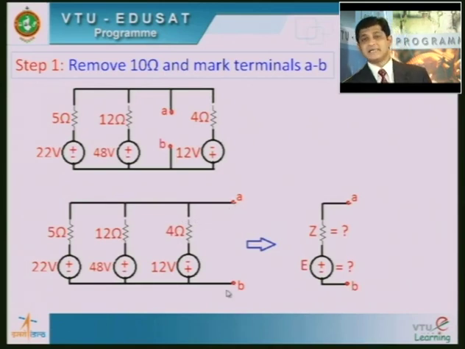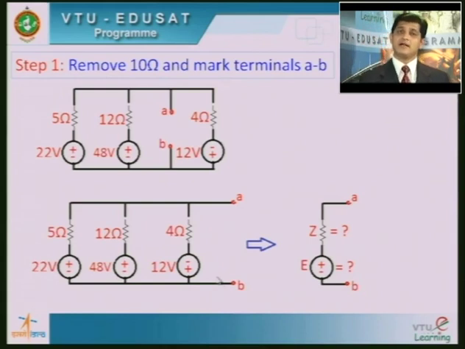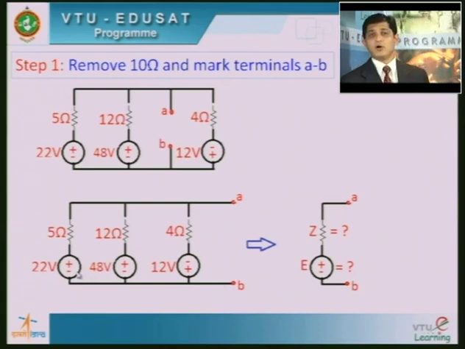Now, what is Millman's theorem? If you have branches which consist of voltages and resistances like this, connected in parallel, then they can be replaced by one EMF and one equivalent impedance network like this.